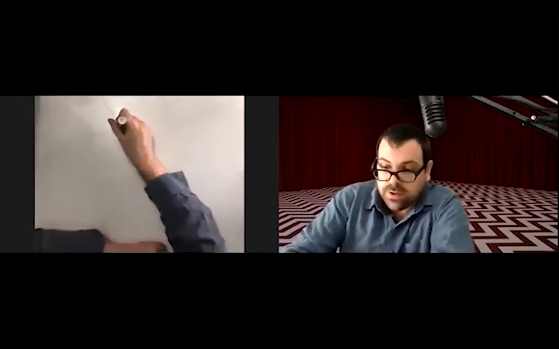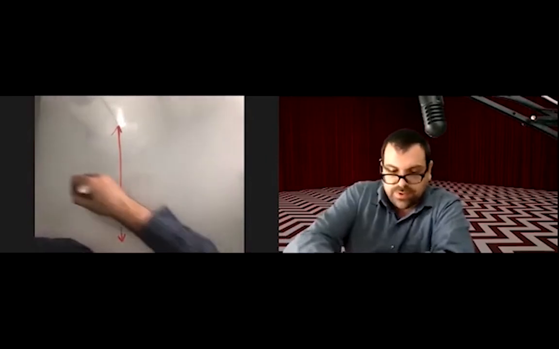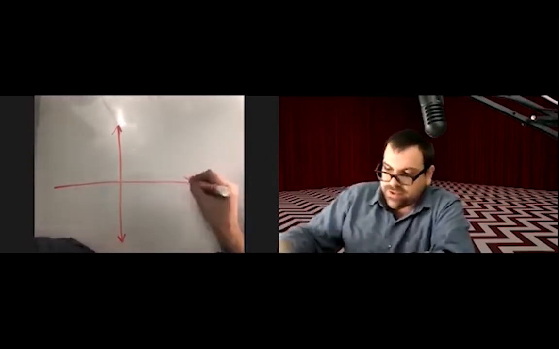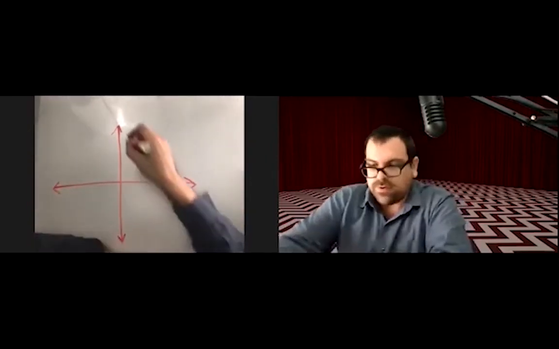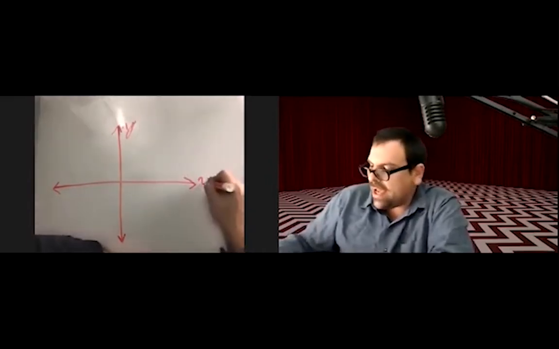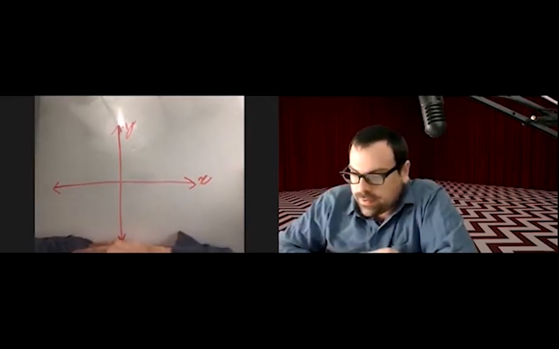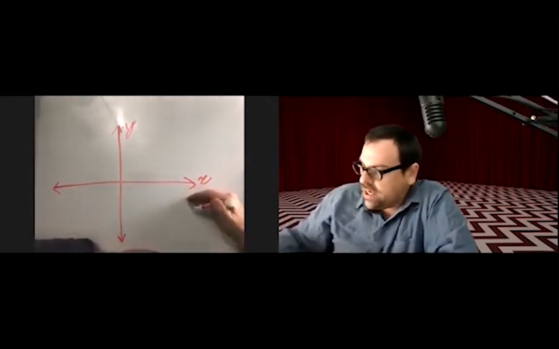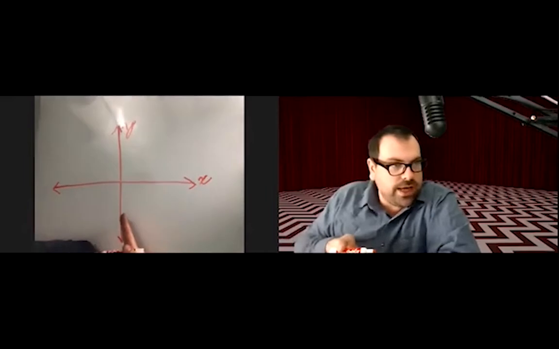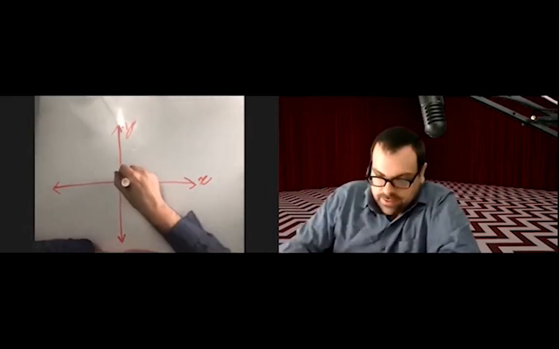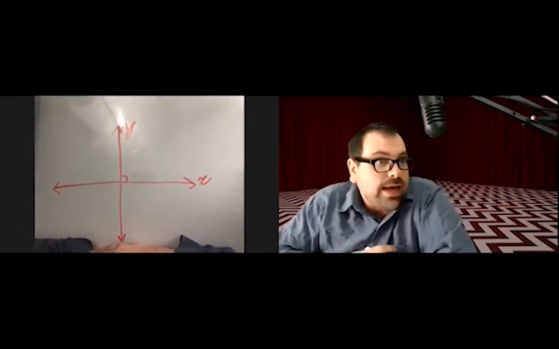In terms of vertical and horizontal, I'll just use the most famous vertical and horizontal lines, our y-axis and our x-axis. A horizontal line and a vertical line are perpendicular. They do meet at a right angle.